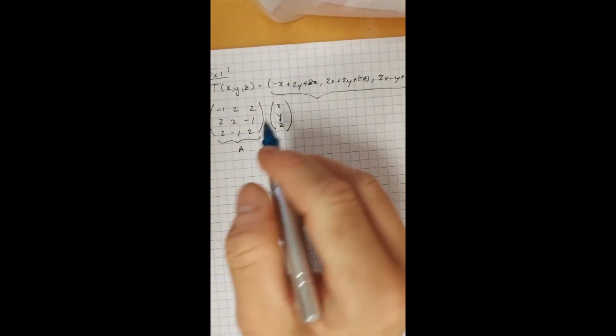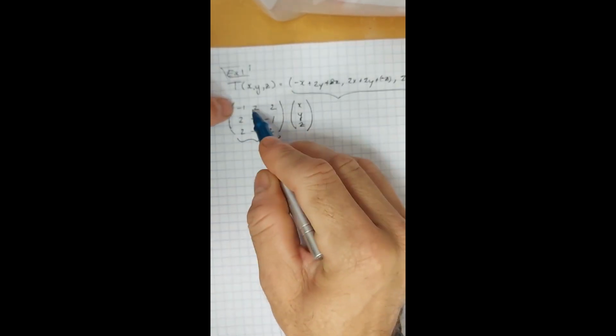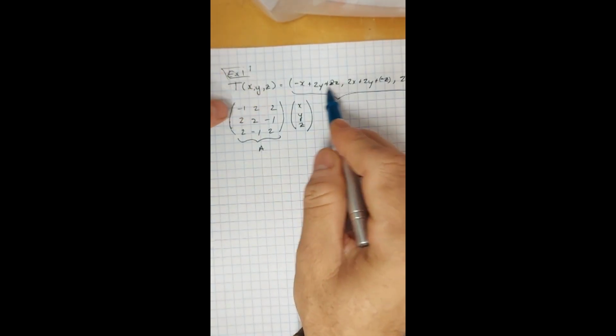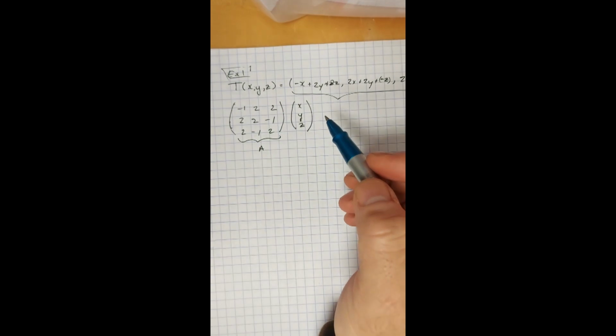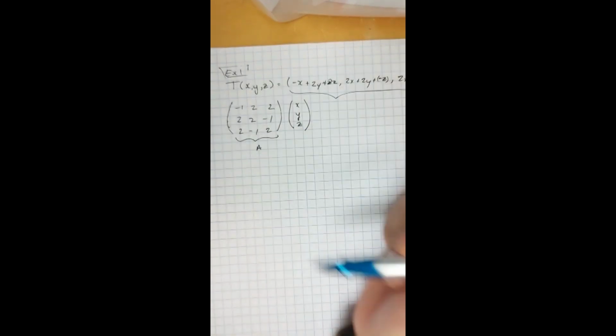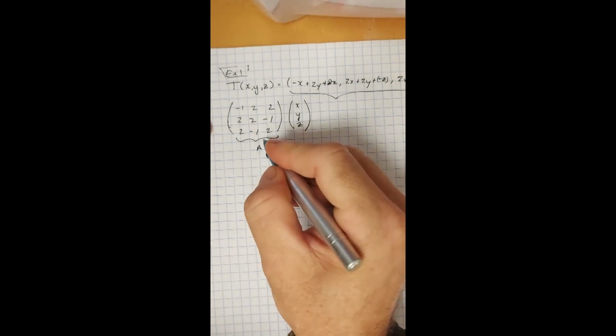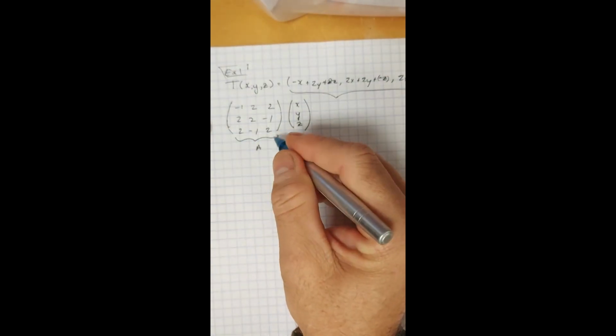If you multiply negative 1 times x, you get minus x plus 2y plus 2z. That would be the first row, and that would give us the x value of the transformation, and the rest follows suit. Now that we have the matrix A, we can use our tools to find the eigenvalues, and then we'll determine the eigenvectors.